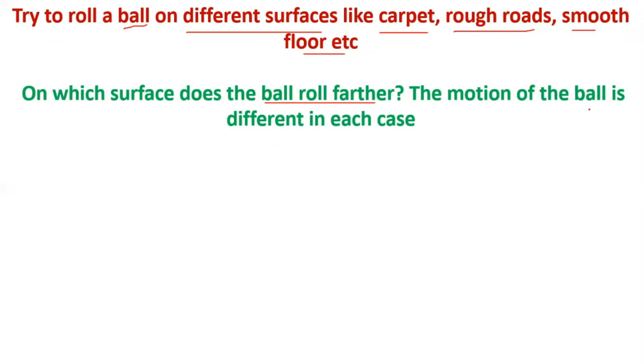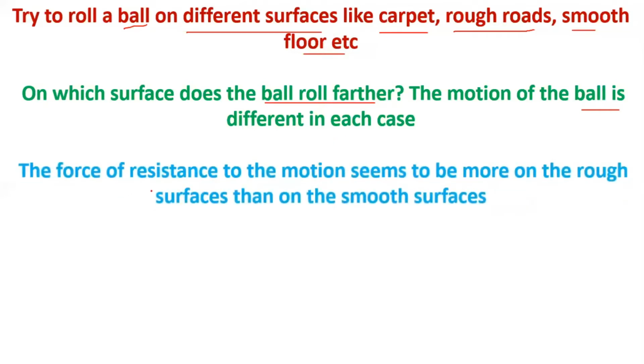The motion of the ball is different in each case. So if you roll a ball on carpet, rough surfaces and smooth floors, does the ball roll farther? If you observe the motion of the ball, is there any difference in each case?